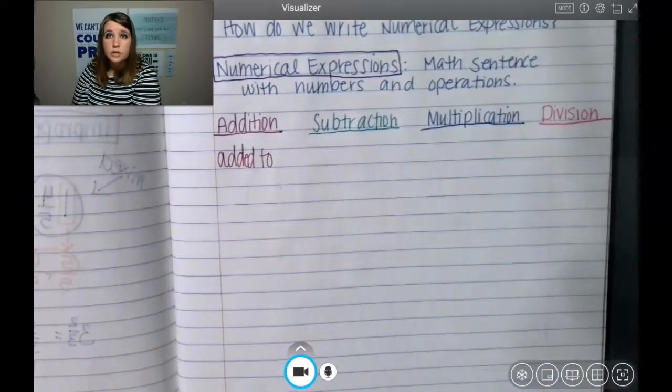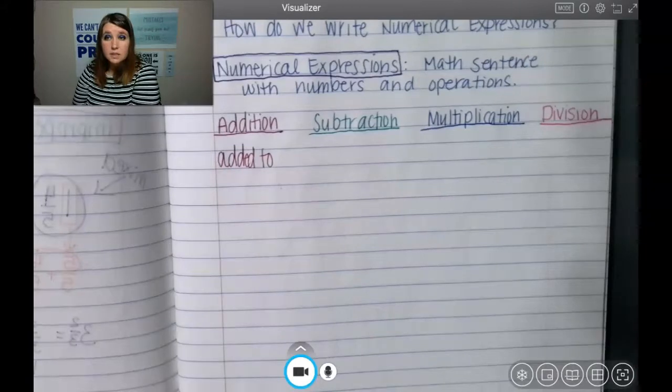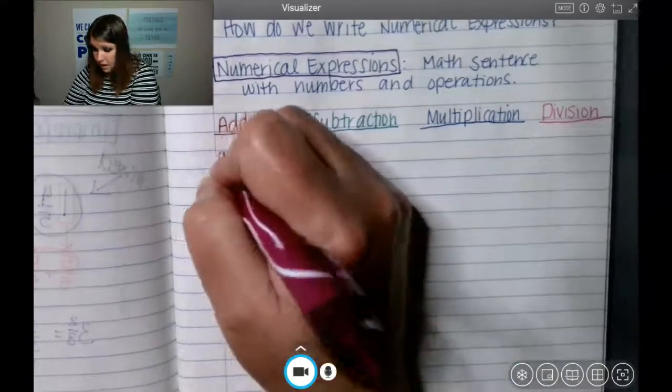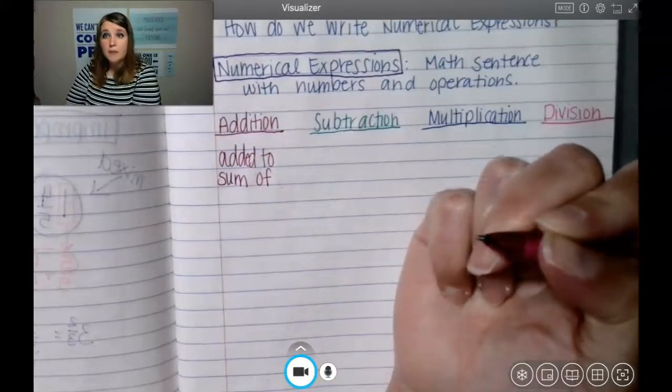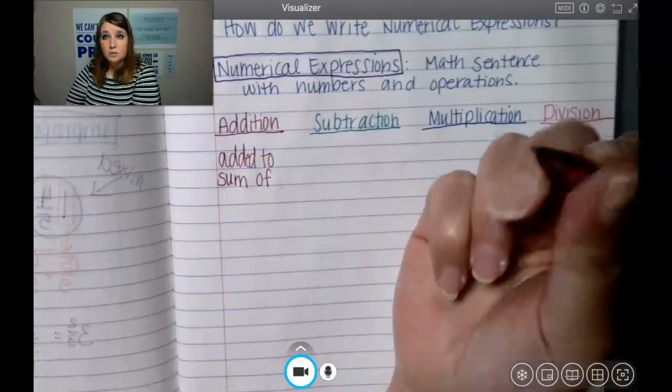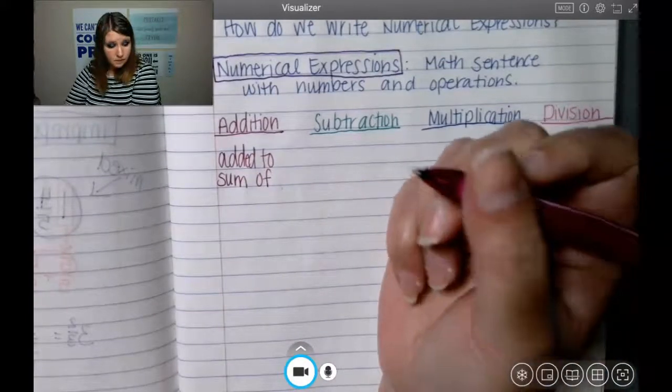Okay, added to is one clue word that you might see in a numerical phrase that signals, hey, use addition. Another one is the sum of. Sum of tells us, hey, use addition.